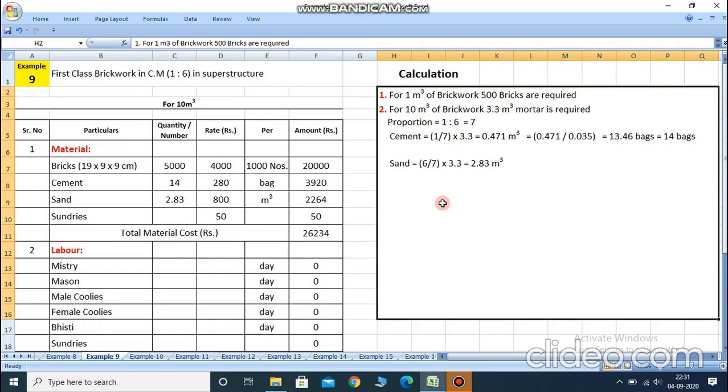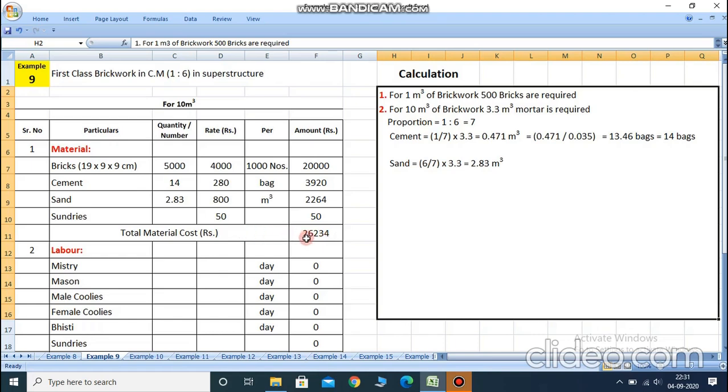Clear? Then the summation of the brick, cement, sand and extra cost: 20,000, 3,920 and 2,264 plus 50 rupees. So we got the answer 26,234 rupees as the total material cost.